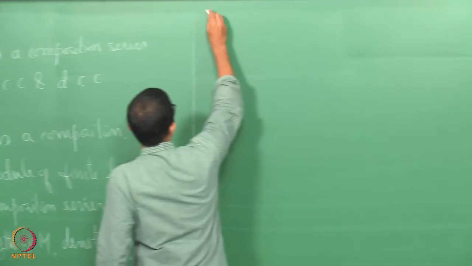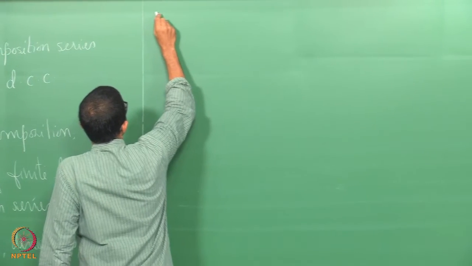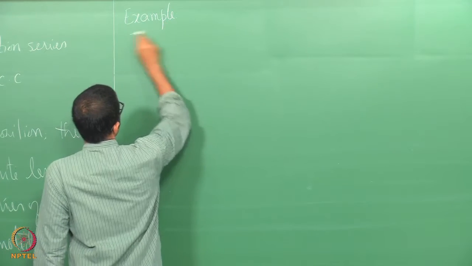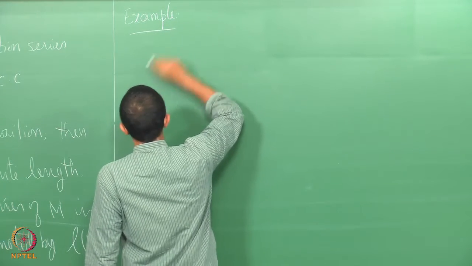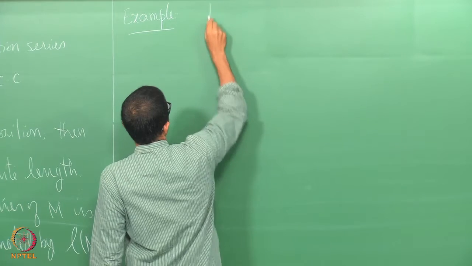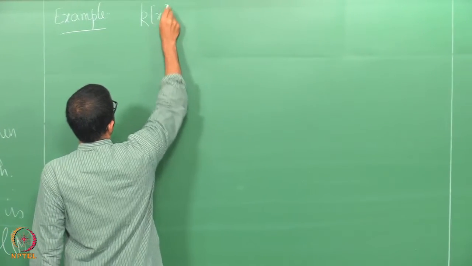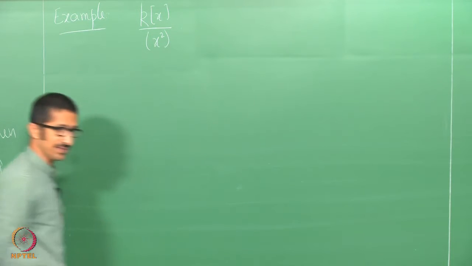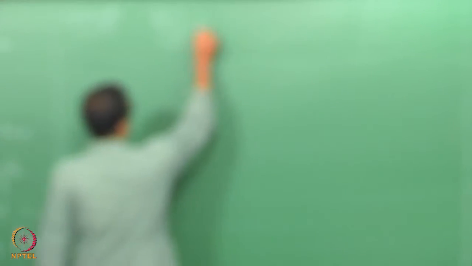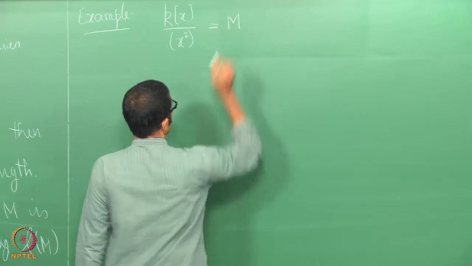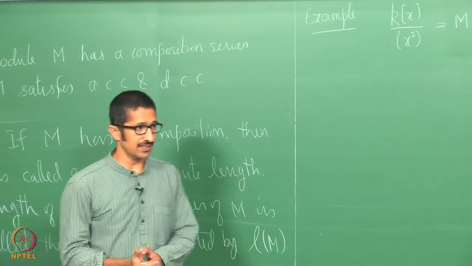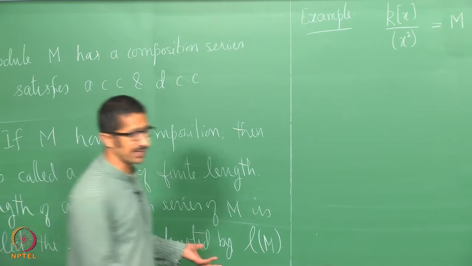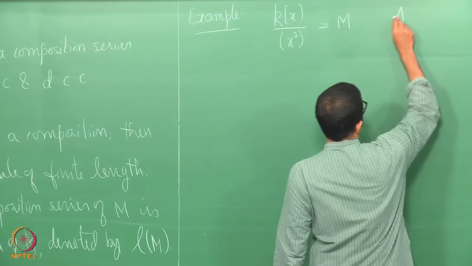For example, we have already seen this. Let us look at M to be kx mod x square, where A is kx itself, or k itself.